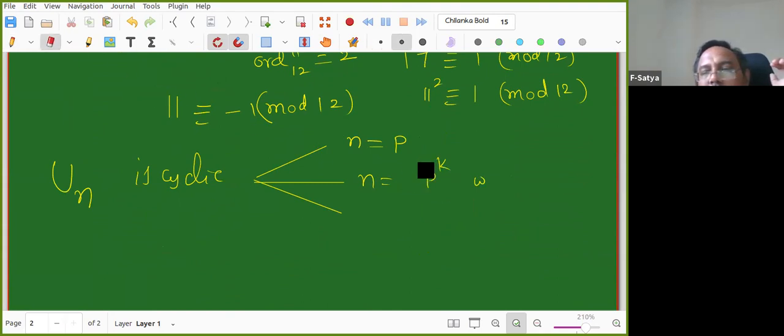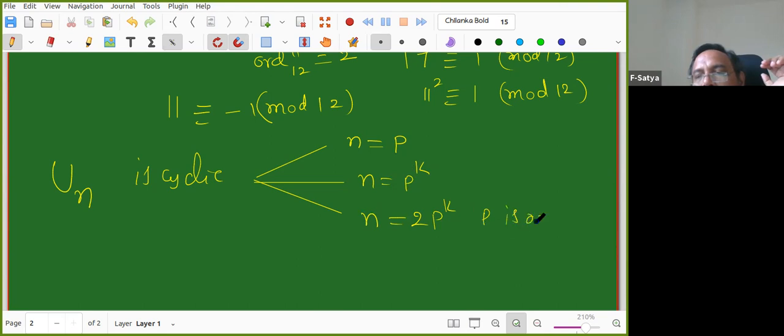And n is equal to 2 into p power k, but here p is an odd prime. We need to prove this. I have not proved it yet, I'm just telling you the main result here in this chapter. P is an odd prime.